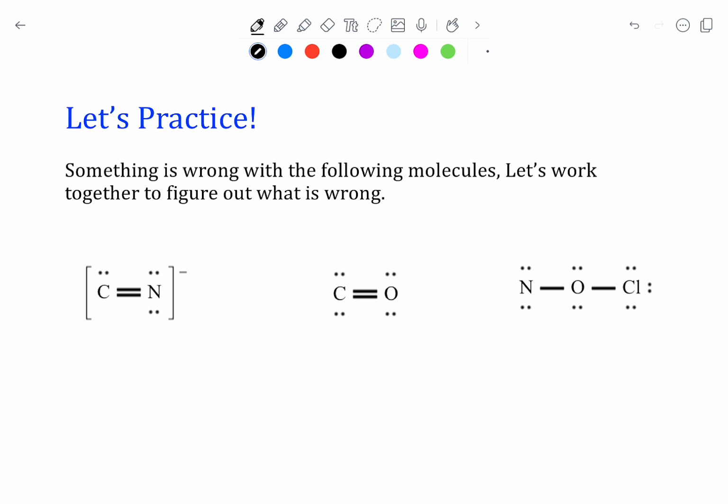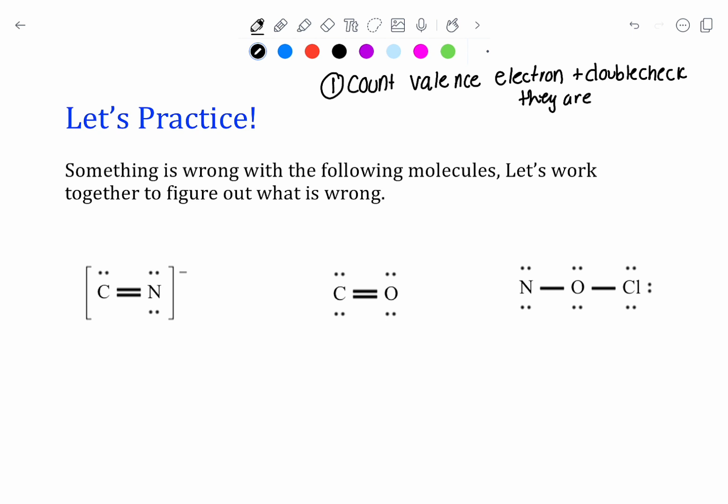So the first thing that we're going to want to do is count our valence electrons and double check they're all there. And then our second thing is going to be to check our octets.